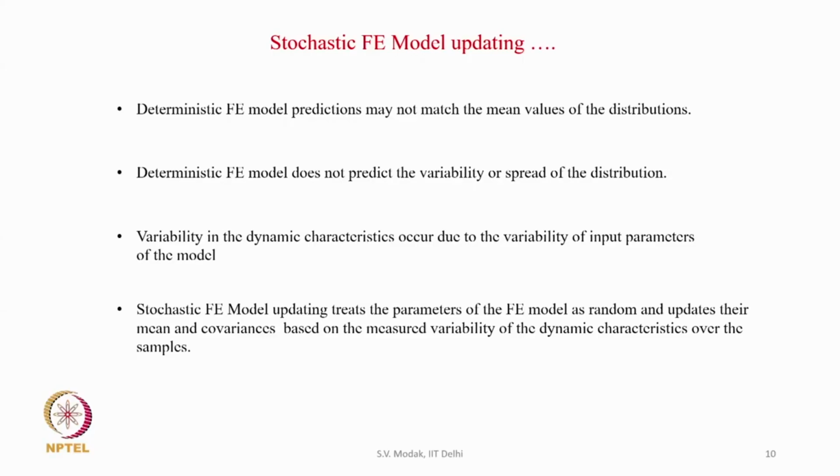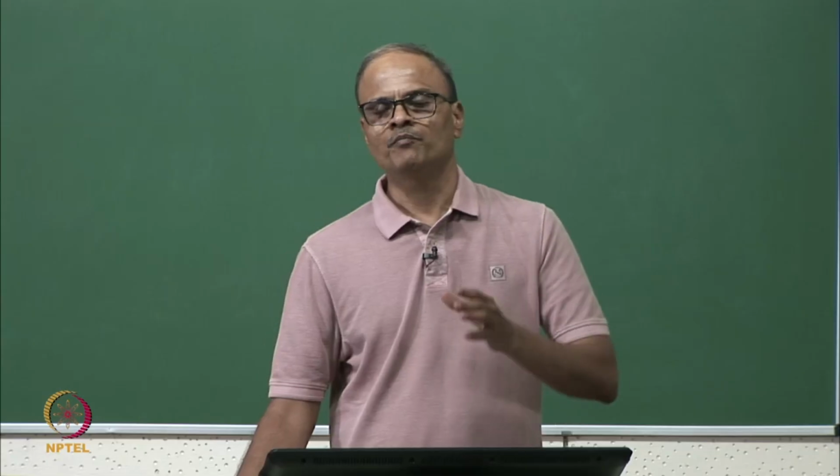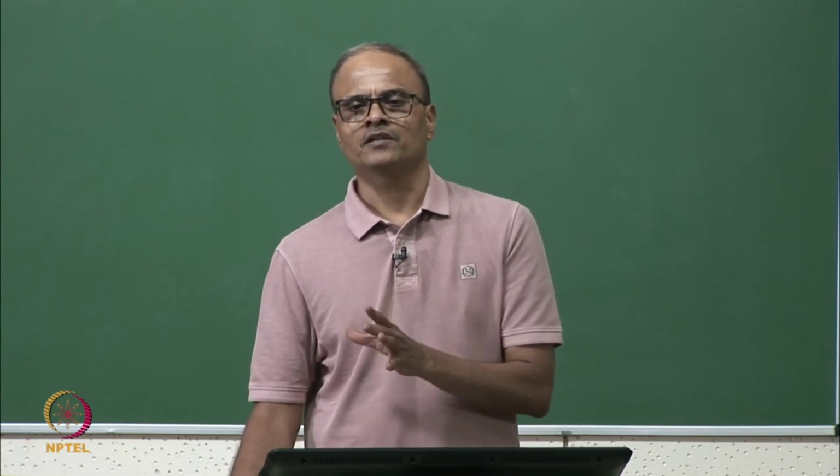Stochastic FE model updating treats the parameters of the FE model as random and updates their mean and covariances based on the measured variability of the dynamic characteristics over the samples. The idea is that the variability of the input parameters of the FE model, in general, cannot be directly measured or known, but we can measure the variability of the dynamic characteristics associated with different samples by conducting modal tests on those samples.